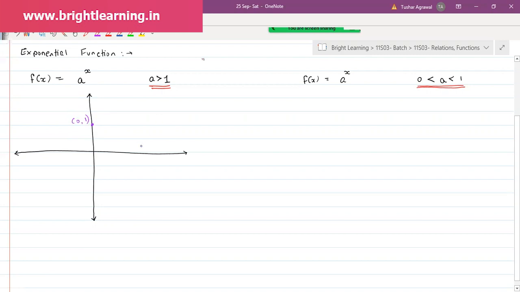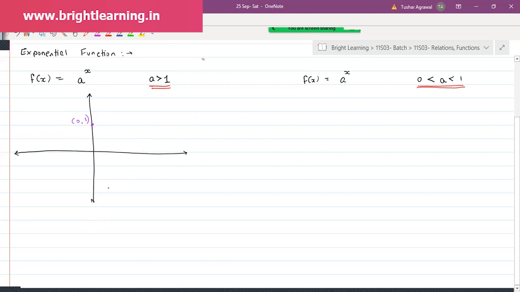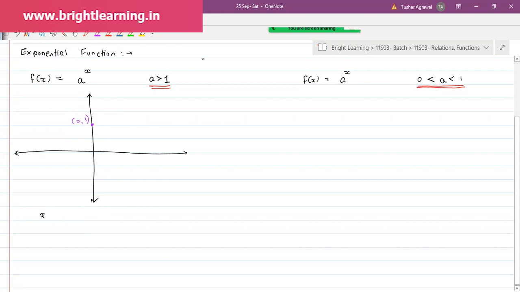And also, can you see, when x makes a jump of 1 unit, I will always make x a fixed jump of 1 unit along the x-axis. What is the jump along the y-axis? For example, consider a equal to 10.